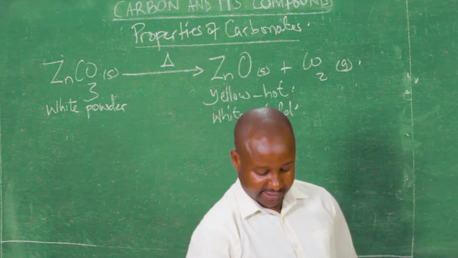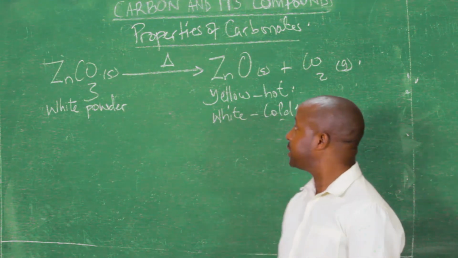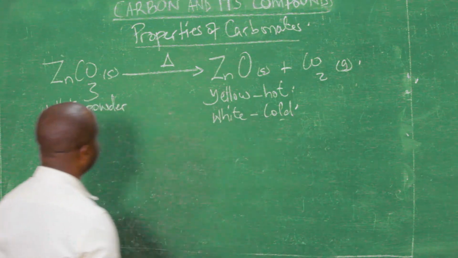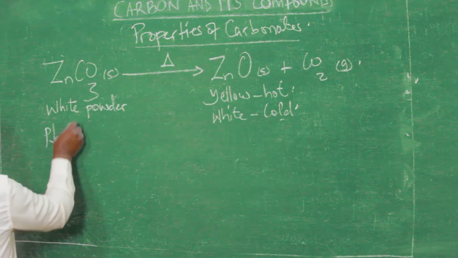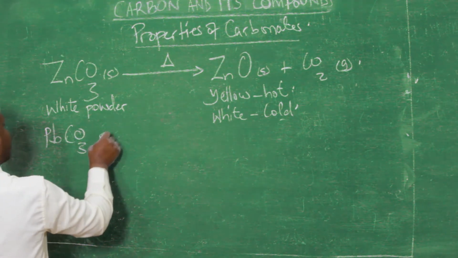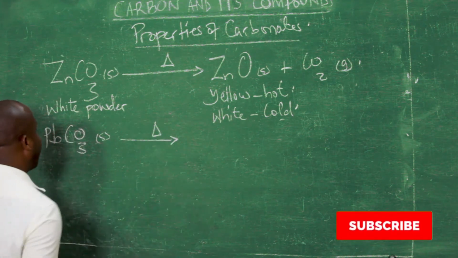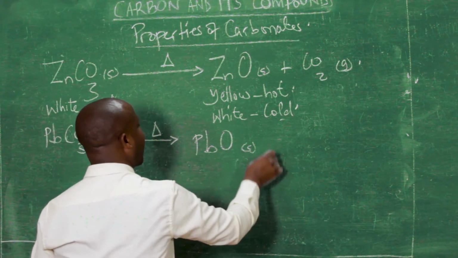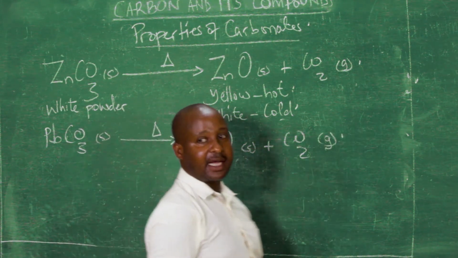Let's look at lead carbonate, how it is affected by heat. Lead carbonate in a solid state, when it is affected by heat, gives lead oxide and carbon dioxide gas.